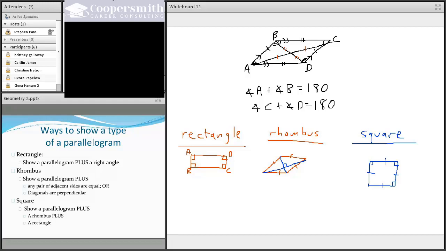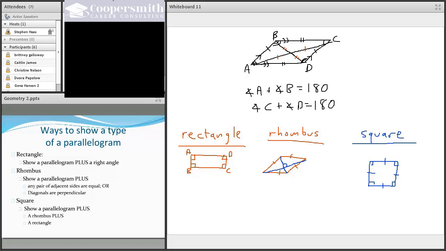A square is a very artistic shape. Everything is equal. The angles are all equal to each other. The diagonals are equal to each other. The diagonals are perpendicular. The angles that are made by the diagonals are going to be equal to each other. Everything you can possibly imagine in a square is going to be equal to each other.